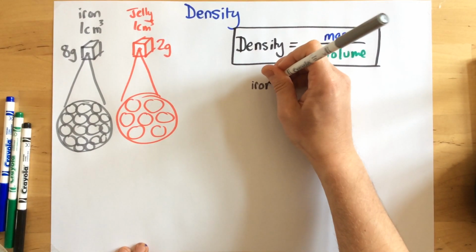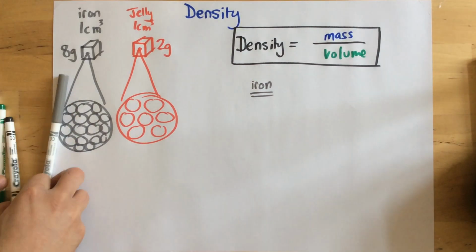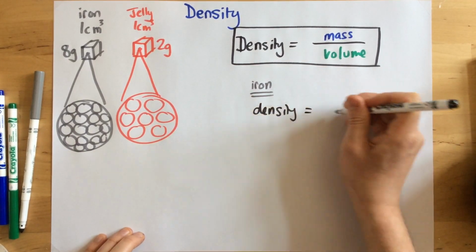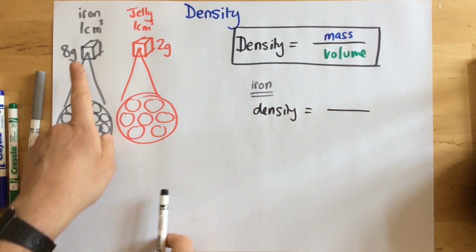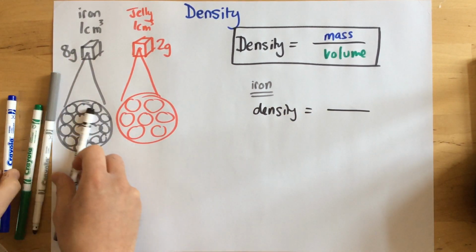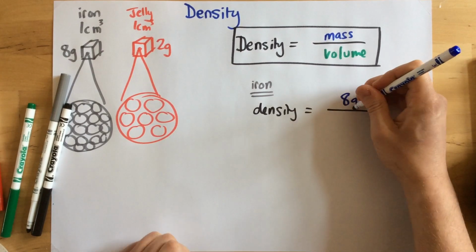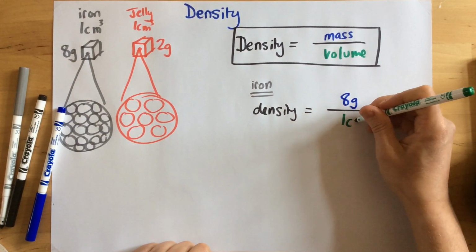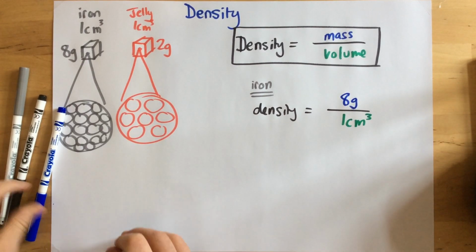Firstly, with iron, the density equals the object's mass, and in this case the mass of the iron is 8 grams, divided by its volume, which in this case is 1 centimetre cubed.